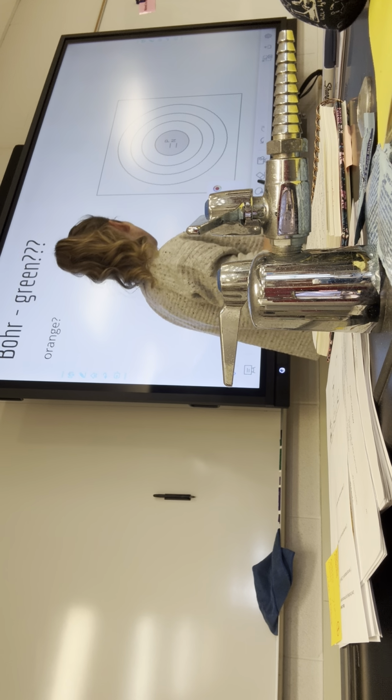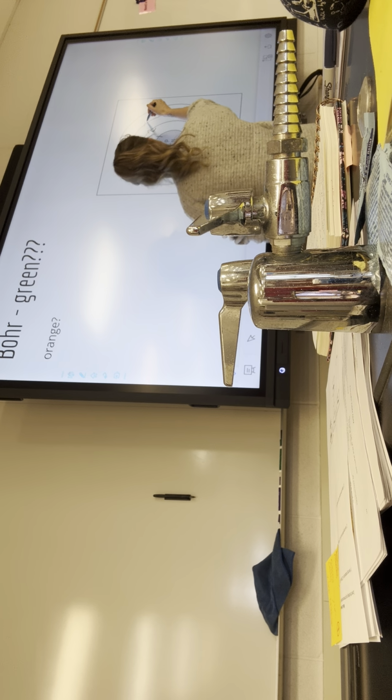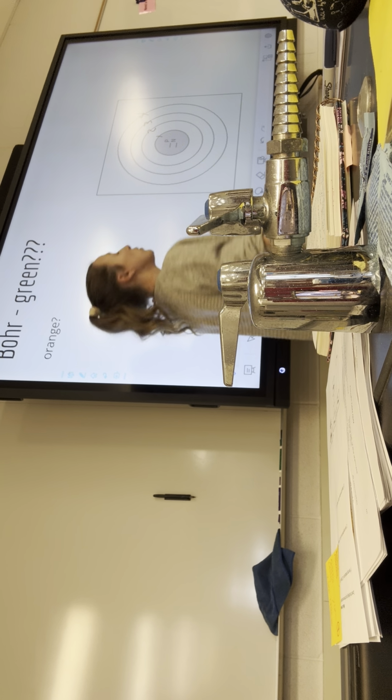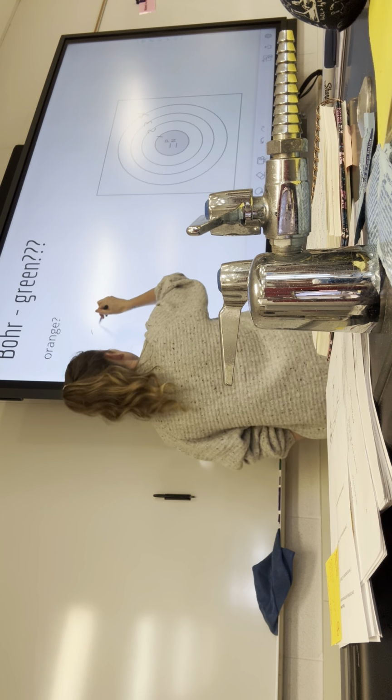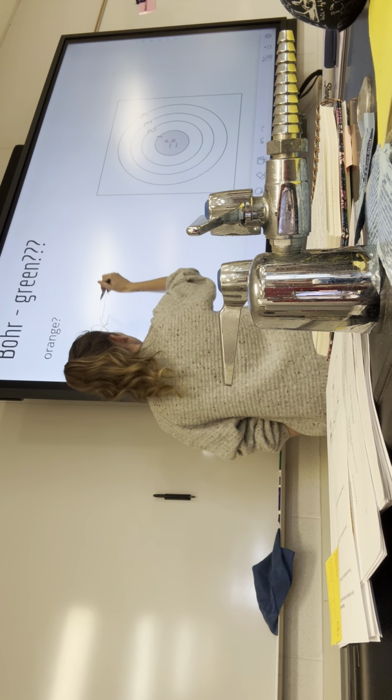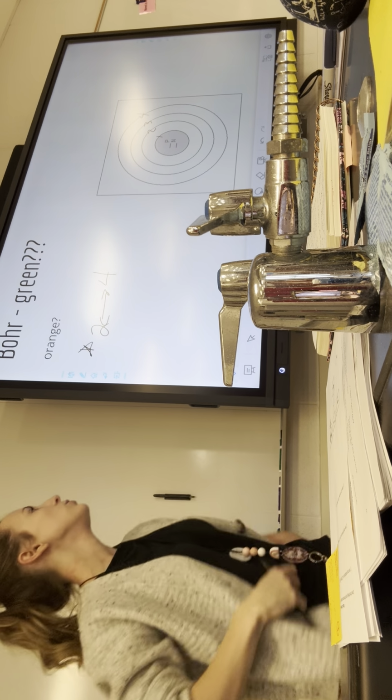So, for green light, similar here, I'm going to label 1, 2, 3, and 4. If you remember back from our chart, green light has an energy level jump from 2 to 4. 2 to 4.